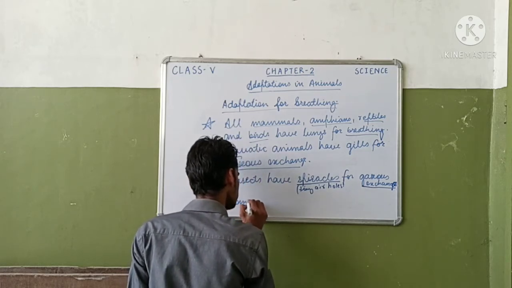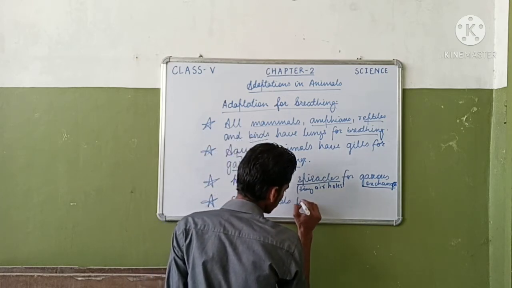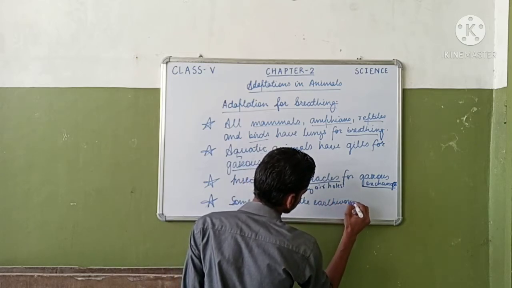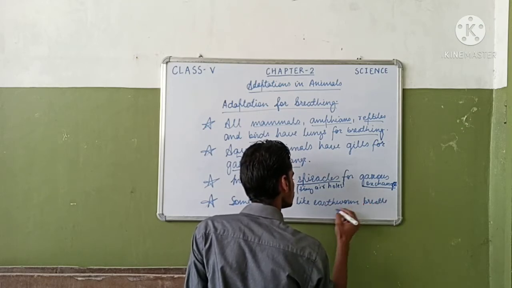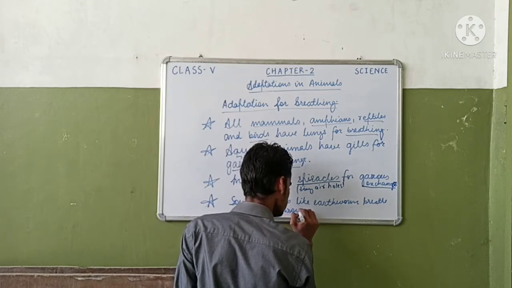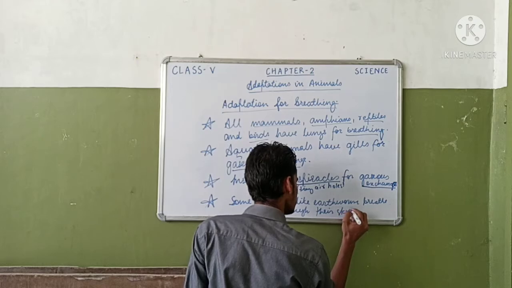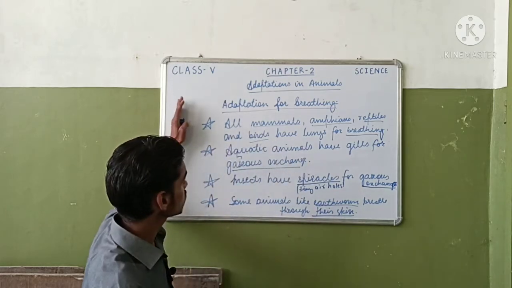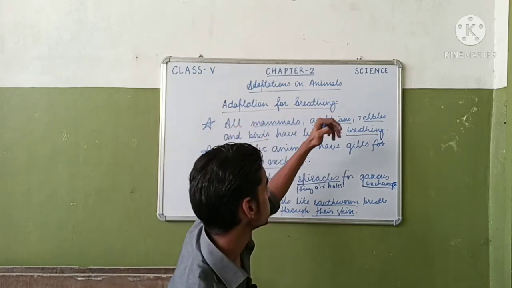Some animals like earthworm breathe through their skin. So these are the certain adaptive features adopted by different animals for breathing.